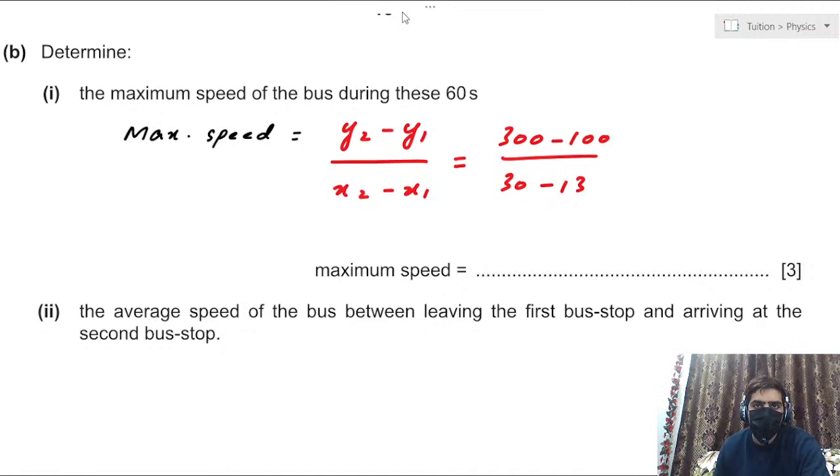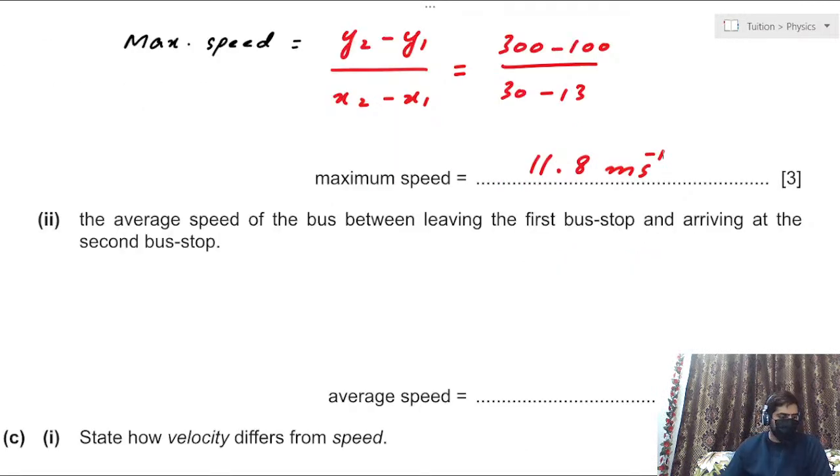We get 11.76 on the calculator, so you can write 11.8 meters per second. Okay, so that would be the maximum speed.